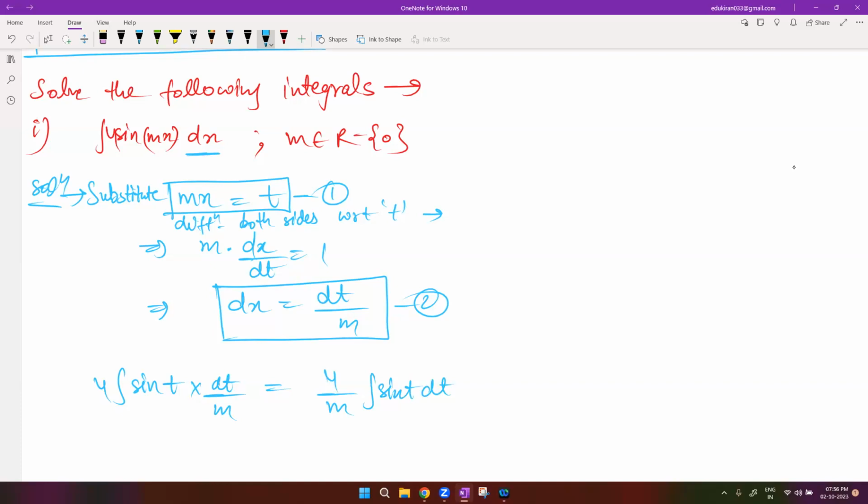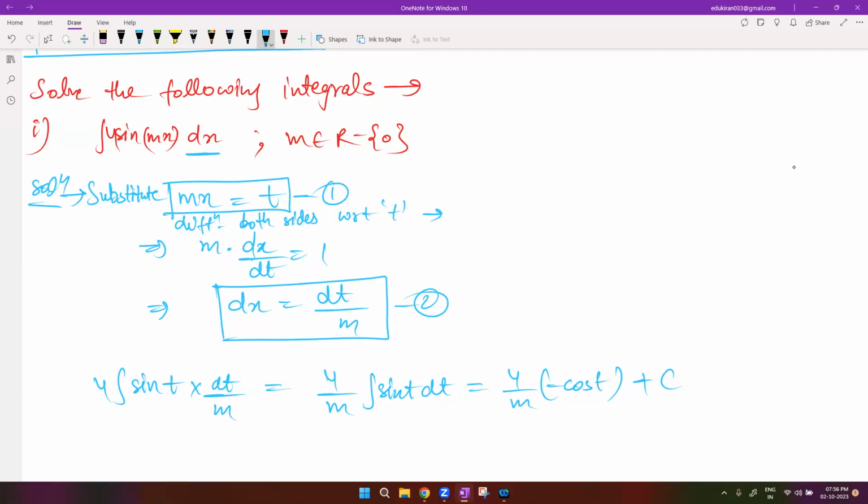Now this is your second check. First check we will understand in some time. The second check is that if you are able to convert your function into an expression whose integration is known to you, then you are good to go. We can directly integrate sine t here. Sine t dt, if you are integrating sine t with respect to t, what's the answer? Minus cos t plus c.